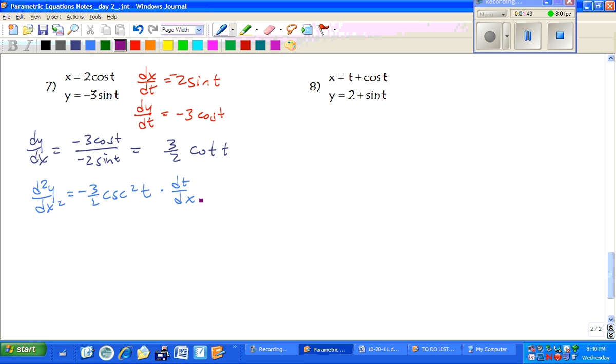Right? Before we had a big fraction, so to get rid of this, we multiplied top and bottom by dx/dt. Well, this is not really written as a big fraction, but we can kind of think of it as that if we think of it like that whole thing over 1. So to get rid of that dt/dx, we can still multiply by dx over dt on the top and the bottom.